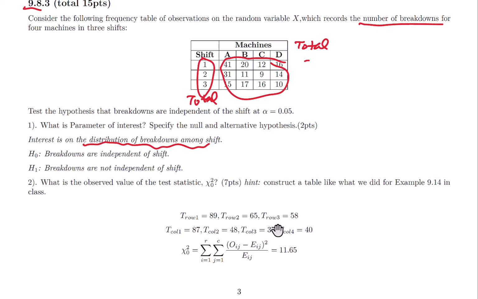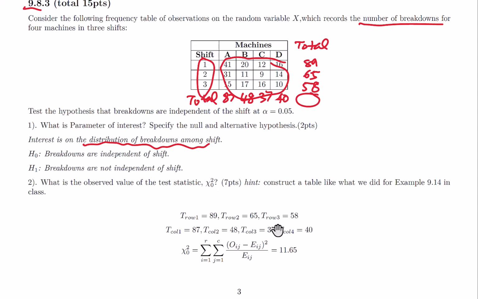Because here is 89, 65, row 3 is 58, and the grand total is what? And the column totals, we have 87, we have 48, we have 37, we have 40, okay? And then we add all of them together to get a grand total here, okay?